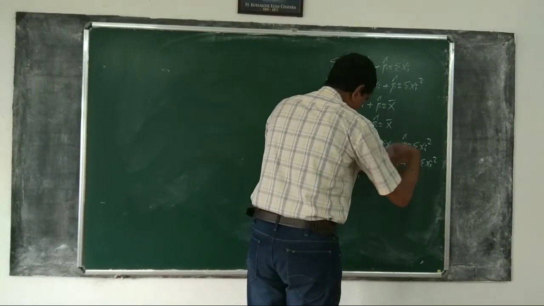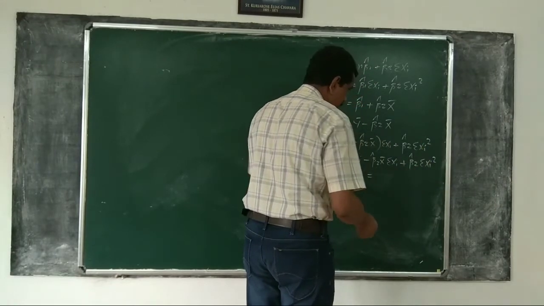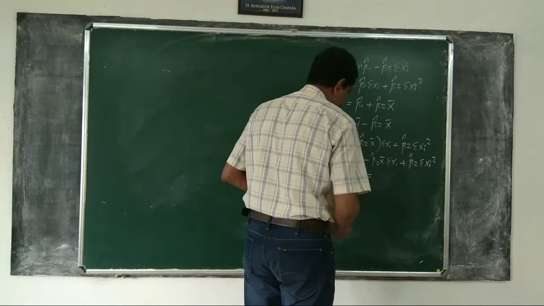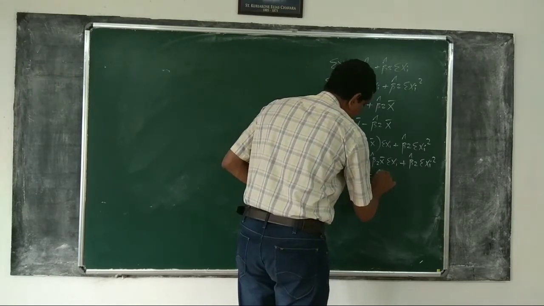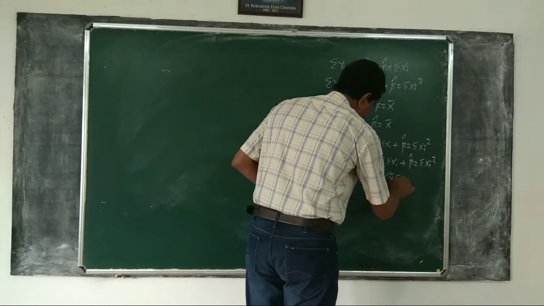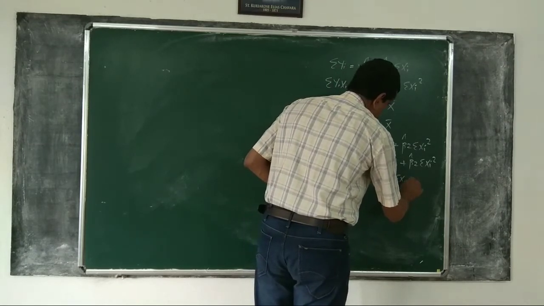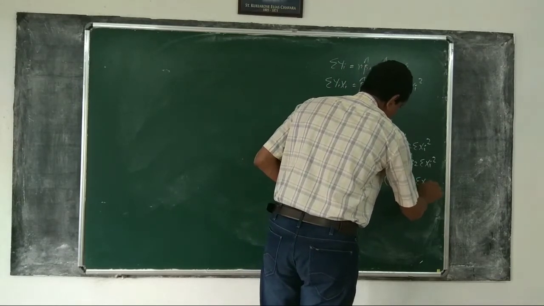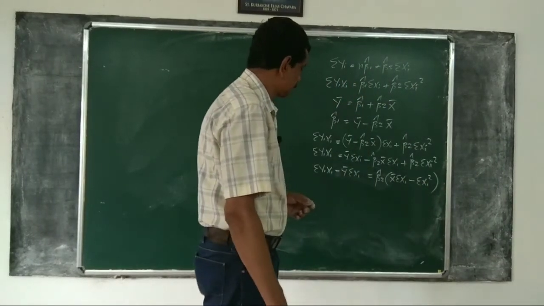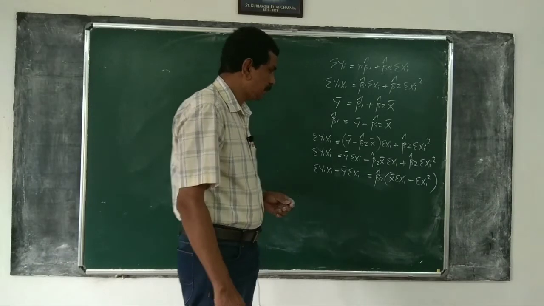When these terms are taken to the other side, minus becomes positive and positive becomes negative. Beta 2 hat into x bar into sigma xi minus sigma xi square.